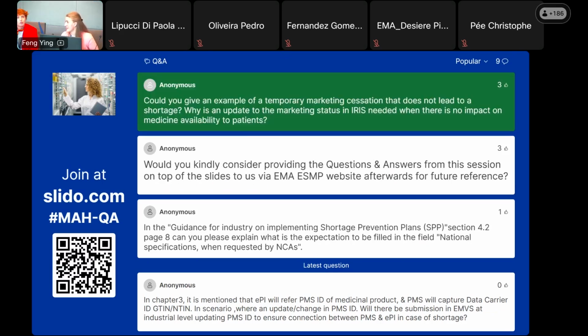The next question is, could you give an example of a temporary marketing cessation that does not lead to a shortage? Why is an update to the marketing status in IRIS needed when there is no impact on medicine availability to patients? On this question, indeed, it could be that the MAH has a very low market share, for example, and decides to temporarily cease the marketing of a product in a specific market.